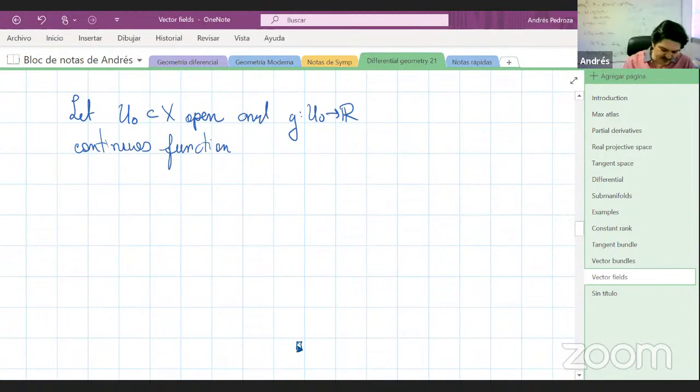So then what you do is the following. This is your topological space. And this is U naught.